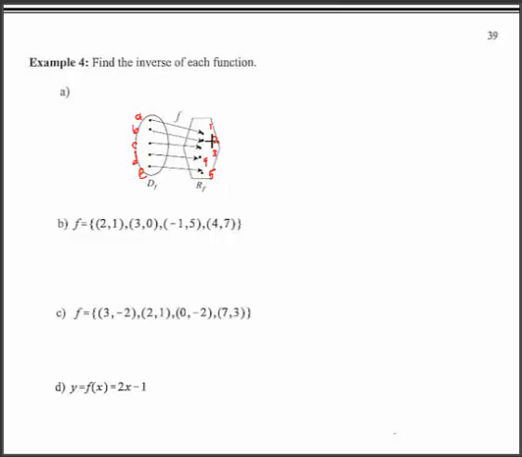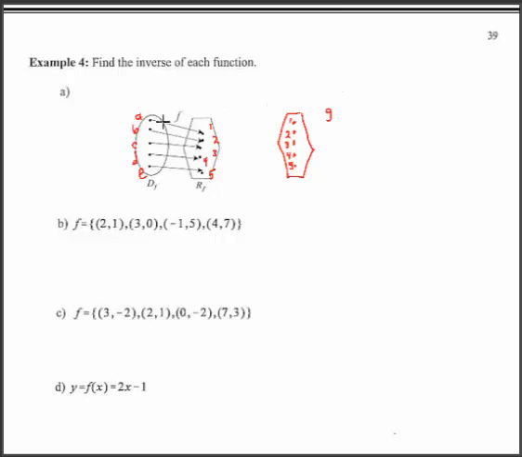Okay, so now I just want to swap the domain and the range. Okay, and so this shape will now become our domain, and I will call the converse of f G for now, and in the range of f I had 5 dots, so I'll put 5 dots here for the domain of G. Okay, and this is 1, 2, 3, 4, and 5.